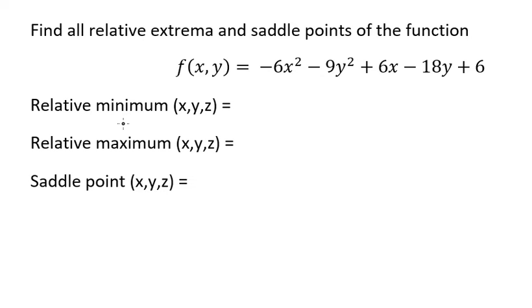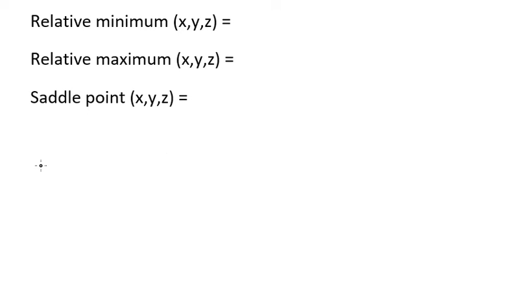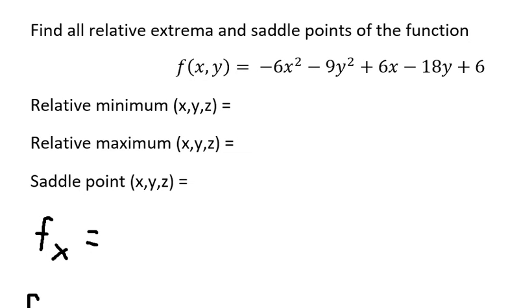The first thing we need to do is find the first derivative of f with respect to x and the first derivative of f with respect to y. For the first one, we need to know that y is treated just like the numbers in here.